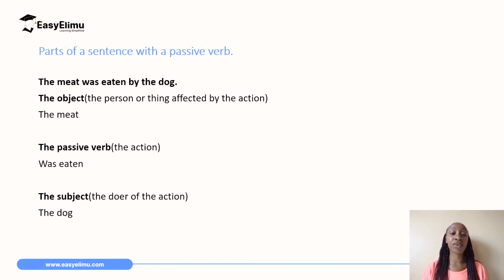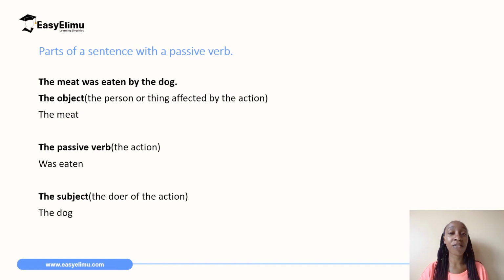For example, again, our sentence was, the dog ate the meat. When we want to report what happened to the meat, we say, the meat was eaten by the dog. So in this sentence, what is the action? Let us start with the action. What is the action? Eaten, was eaten.